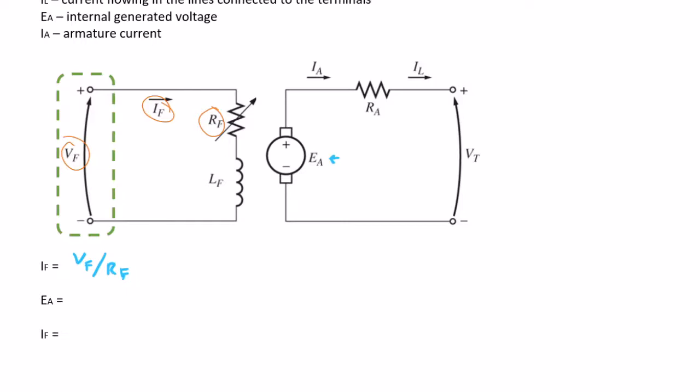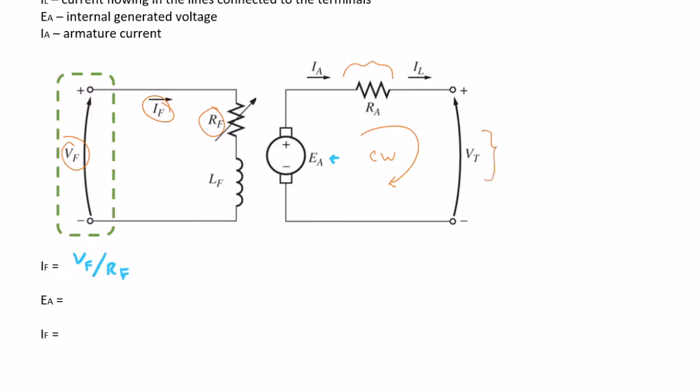Remember that the current is flowing clockwise here, and therefore it will be the voltage across RA and the voltage across VT.